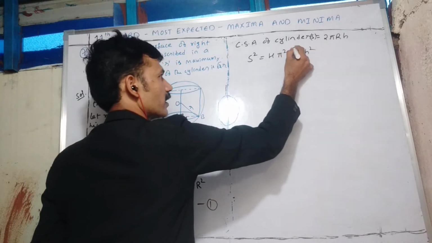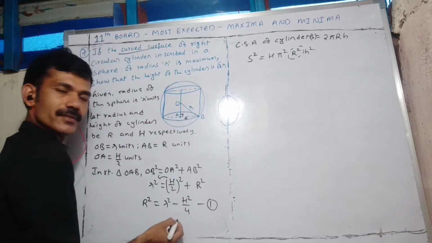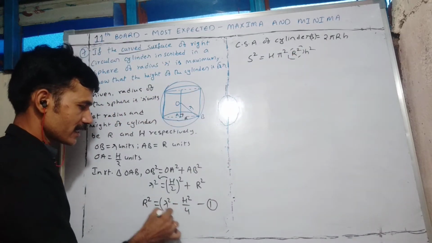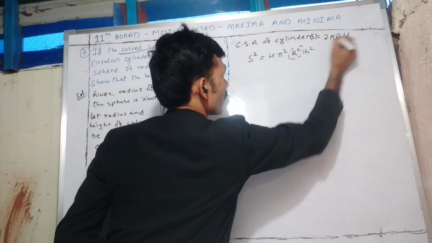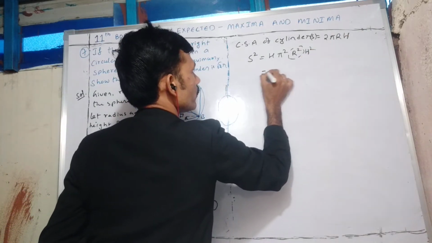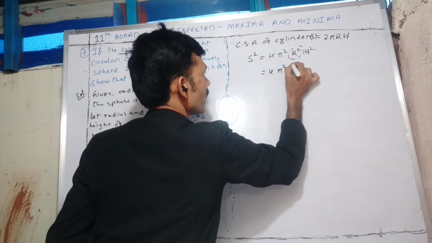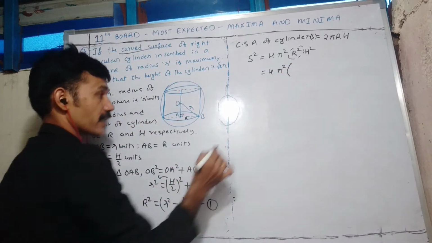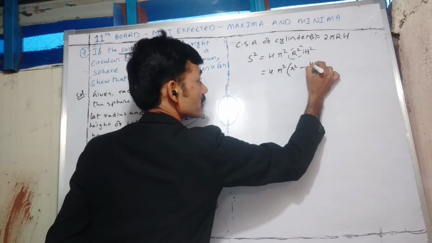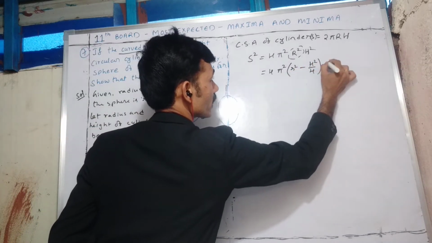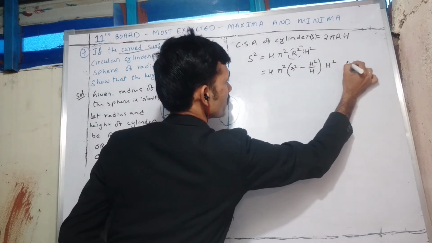And for capital R, from 1 I can write this in terms of small r and H. So 4 pi square, instead of capital R square I can write small r square minus H square upon 4, times H square. That is how we wrote it from 1.